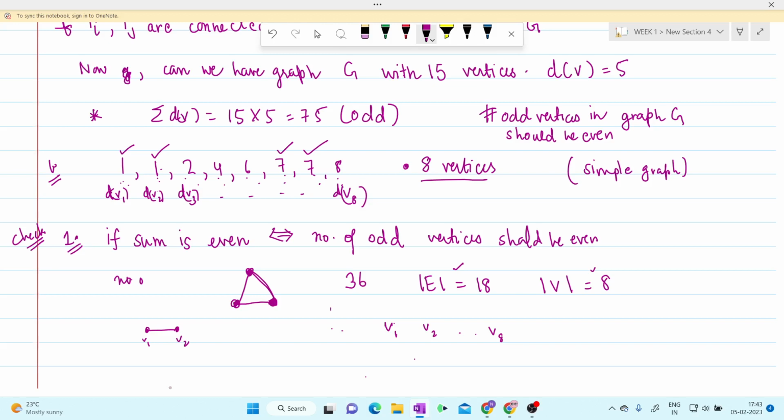No, that need not be true, right? See, v1 and v2, because the degrees are n minus 1. But that should not be a problem either.